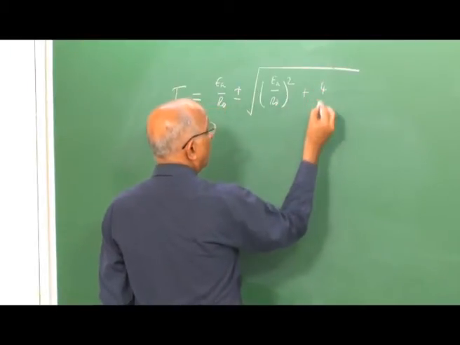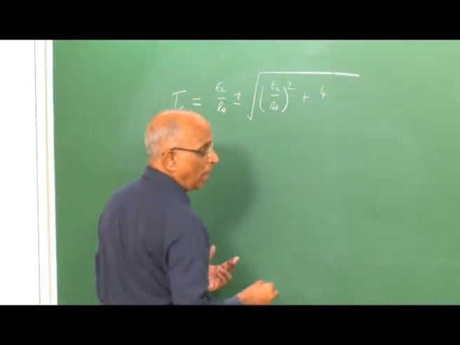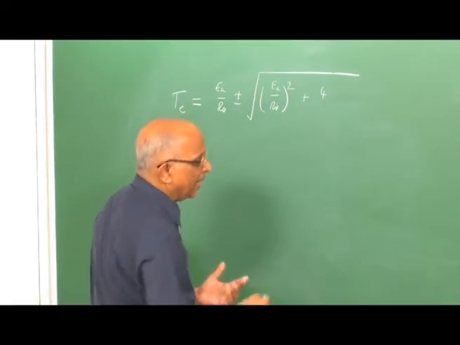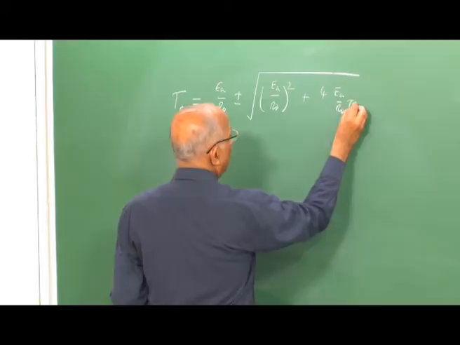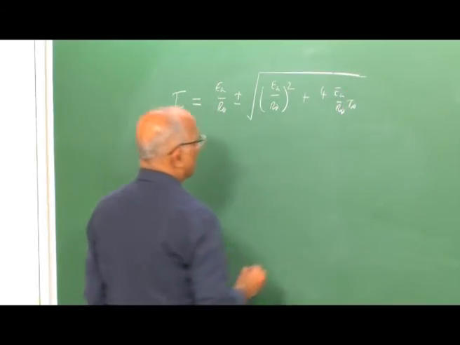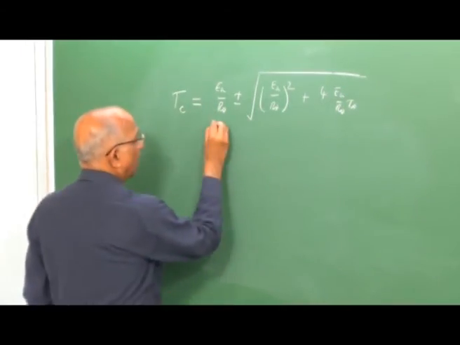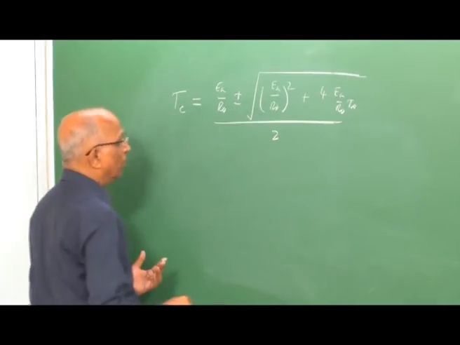The first number is 1, the last number is Ea by R naught into T ambient, divided by 2 into the first number.